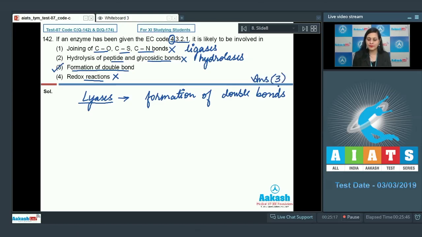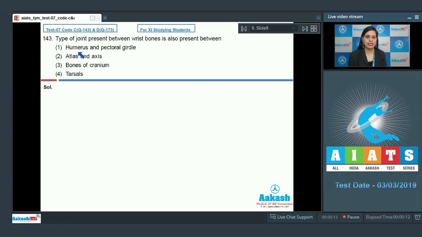Let's discuss our next question. Question number 143. Type of joint present between wrist bones is also present between, and the options are humerus and pectoral girdle, atlas and axis, bones of cranium and tarsals.